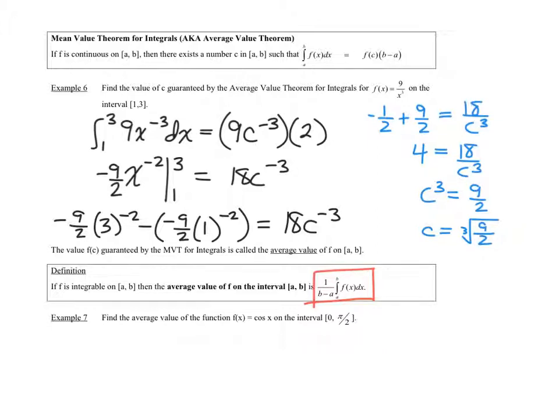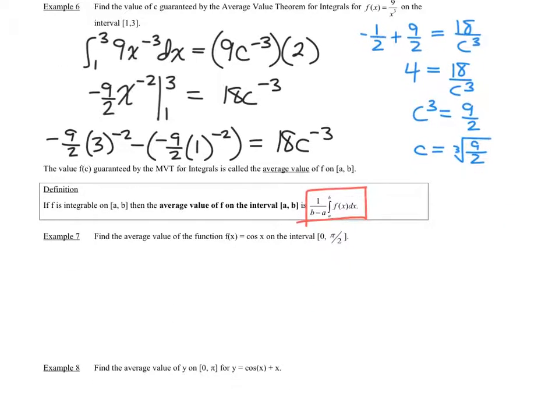So what that's telling us is that there is a value c, or it's not a proof, it's a demonstration, but there is a value c on this interval for which the average value is equivalent to the value of the function itself at that particular moment. You can figure out the decimal value of that to make sure that it falls in the 1 to 3, but it's going to.